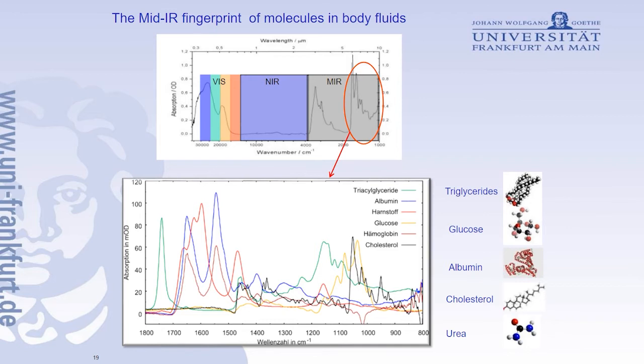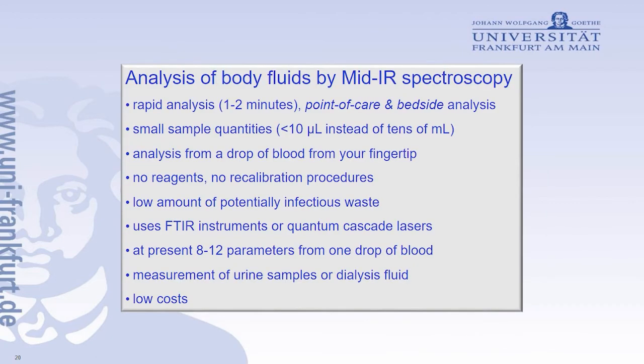The basic principle is thus that you record an infrared spectrum of a blood sample, for example, urine samples, sweat, saliva sample. The analysis takes 1 to 2 minutes. It's suitable for point of care and bedside applications.